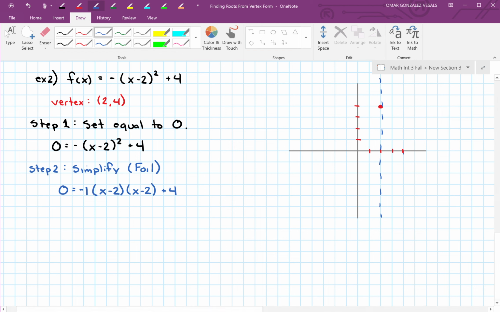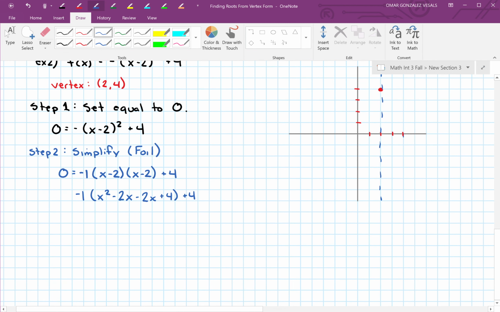Okay? x times x is what? x times negative 2 is? Negative 2 times x is? And negative 2 times negative 2 is? Still need to simplify a little bit. So it's going to be negative 1 times x squared minus 4x plus 4, plus 4.